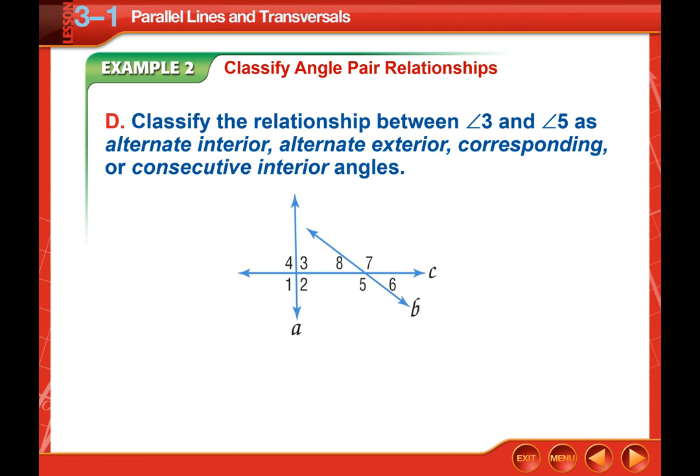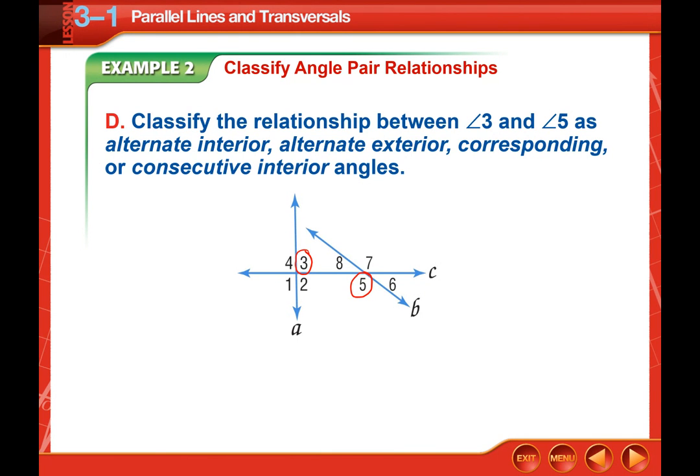Classify the relationship between 3 and 5 as alternate interior, alternate exterior, corresponding, or consecutive interior angles. Well, here we have angle 3 and angle 5. So start thinking, are they interior or exterior? Are they consecutive or are they alternating?